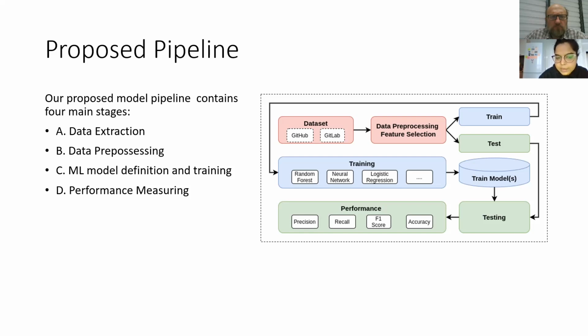And then towards the end you generate some performance metrics, and in our case we will next compare them with already existing scores. So this is what our pipeline looks like: extract, preprocess, then divide into training and test, train, and then test.